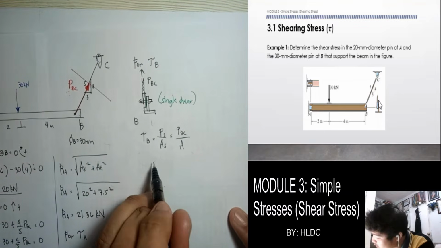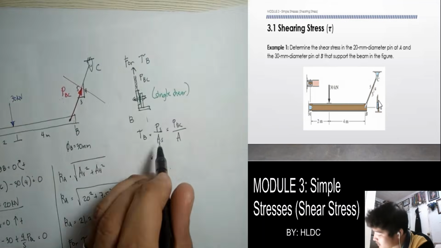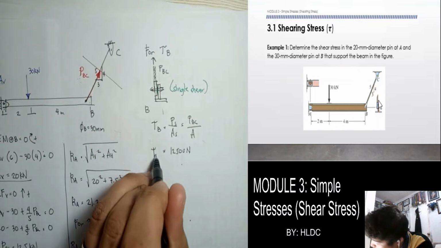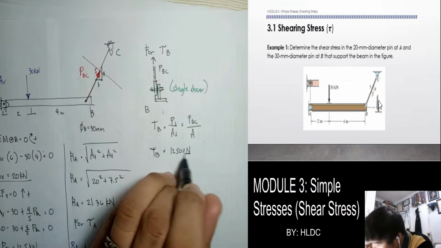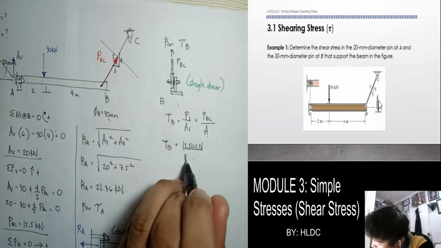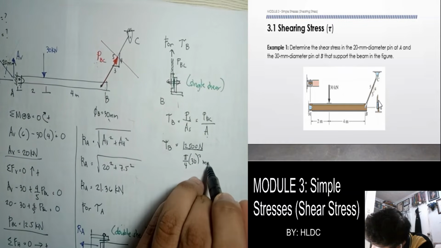Okay, so that PBC, nasolve natin kanina, ito yan, 12.5, so that is 12,500 newtons over the area ng pin at B. So ito naman siya, 30 mm. Is pi over 4 times 30 squared, and the unit is mm squared.